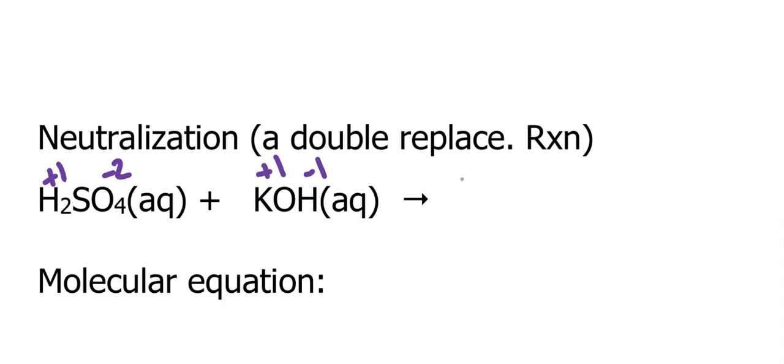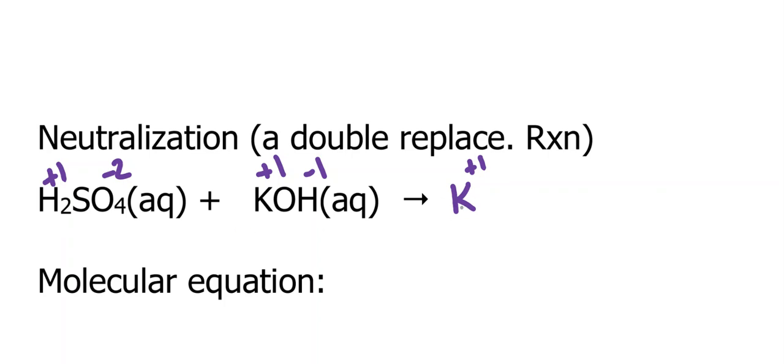And I'm going to start with my product that's the potassium. It doesn't matter which product you do first, but traditionally we do our salt here. A salt is just an ionic compound, which most have a metal.